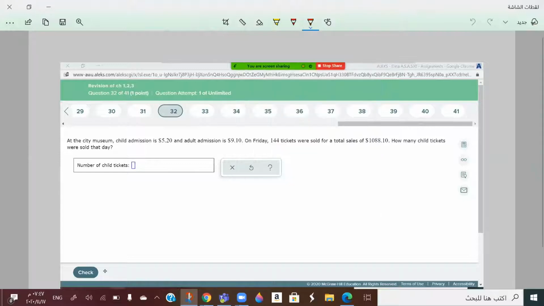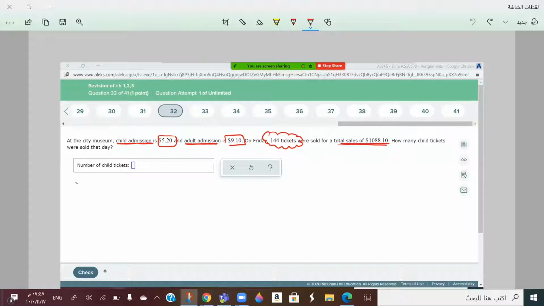I have information about the child admission and the adult admission, and he is giving you the price per one ticket. And then he gives you the total number of tickets. Also, he gave you the total sales.